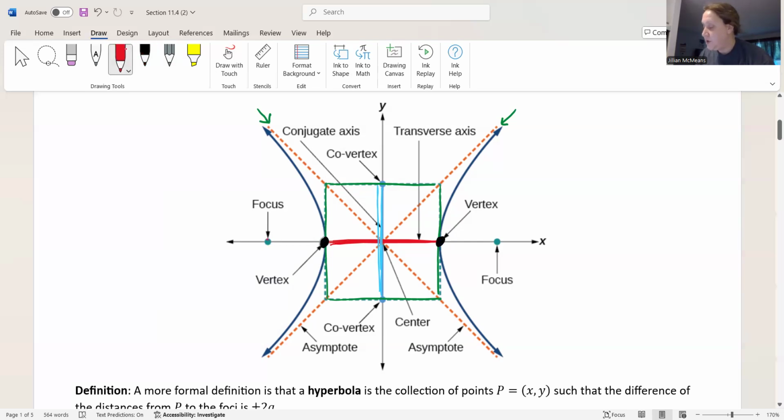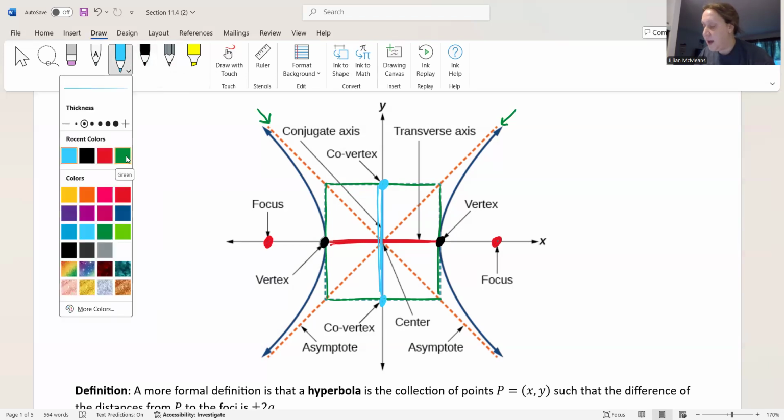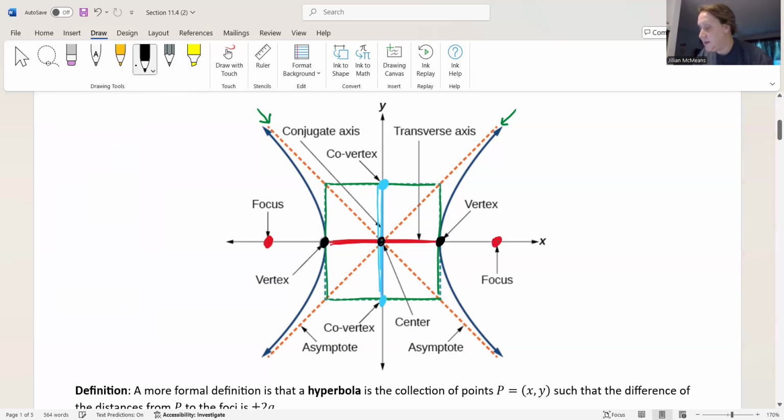We have the focus points here and here. We have the co-vertices here and here. And let's not forget the super and ever important, let's do yellow, center. Well, that's not yellow, is it? The center here.